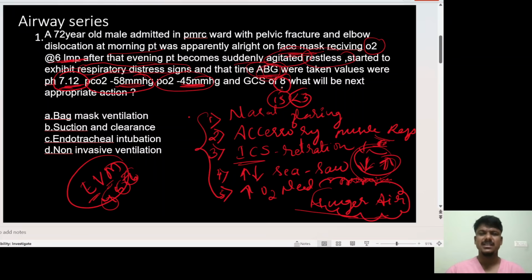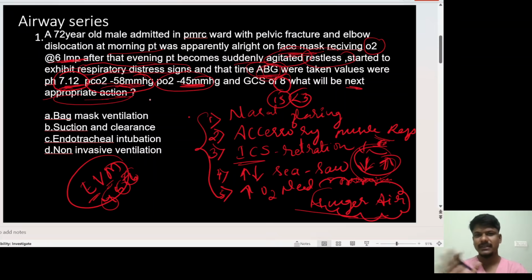So there is some abnormality defined to you. Finally, the examiner is asking what is the next appropriate action to be taken. As a nursing officer working in an ICU setup, this scenario will come up. What will be your appropriate action? What will you anticipate, and what will you prepare for the patient in ICU?